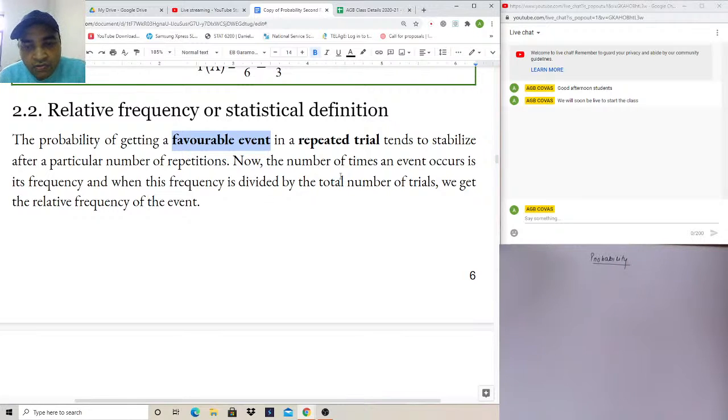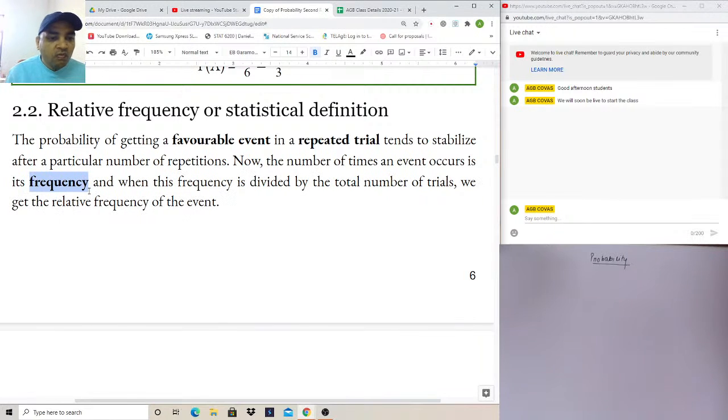Now, the number of times an event occurs is its frequency. When we conduct trials one after the other, how many times we have conducted it is known as its frequency. And when this frequency is divided by the total number of trials, say for example, we conducted an event 100 times and out of that we get the favorable event 50 times, our probability will become 50 by 100.